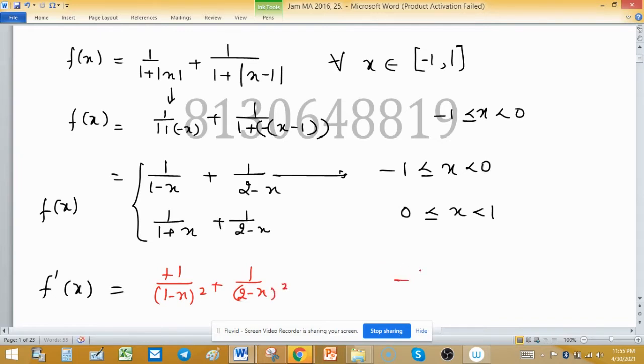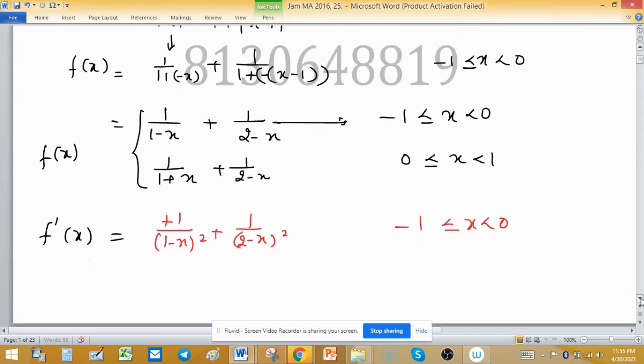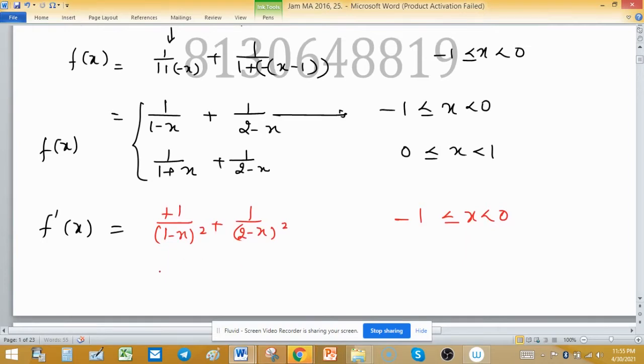This is the derivative for negative x, and for positive x it will be minus 1 upon (1 plus x) whole square plus 1 upon (2 minus x) whole square. This is for positive x.